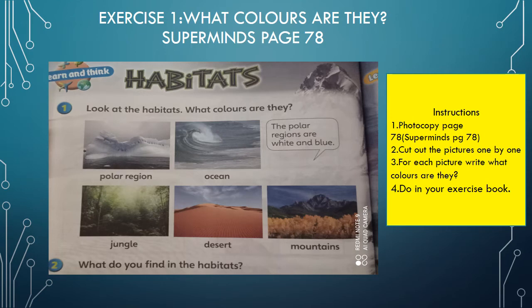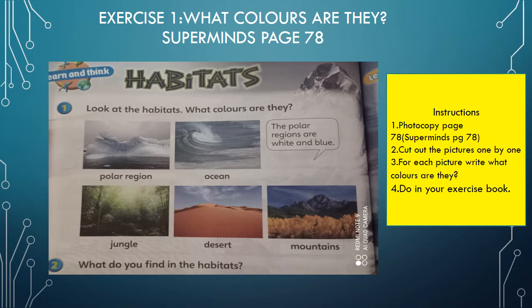Let us look at exercise 1. What colors are they? You may refer to your Supermind student book, page 78. Look at the instruction. Photocopy the page. The page can be found in your textbook. Make a photocopy.